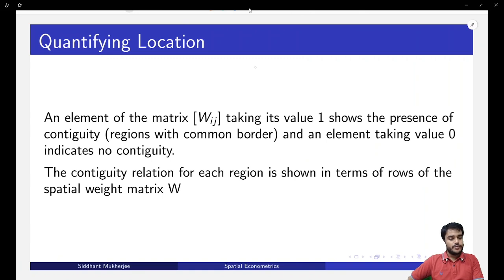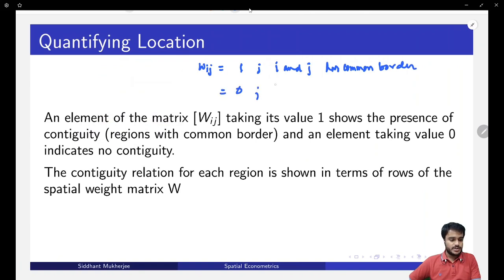We consider wij equal to 1 if i and j have a common border, and if it is 0, it is otherwise.